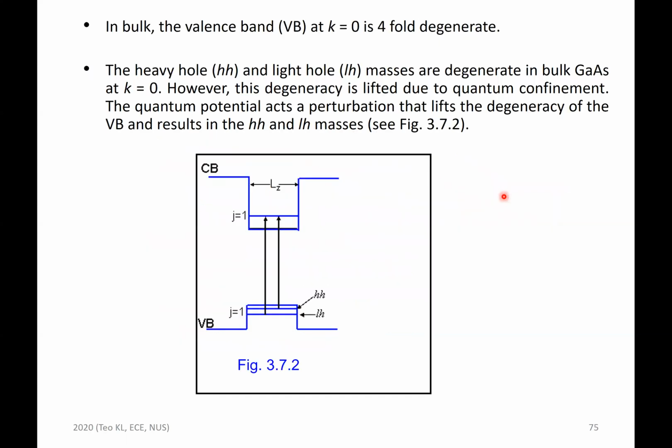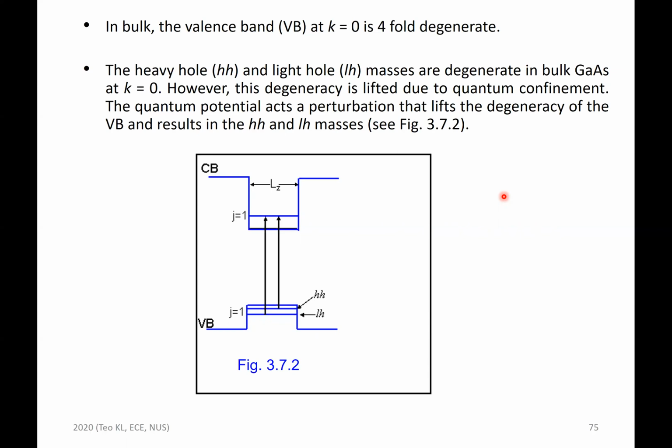Now, in a quantum well, because we artificially design the well, we consider the quantum confinement effect, or the quantum potential, like a perturbation. It perturbs the system because we artificially design it.